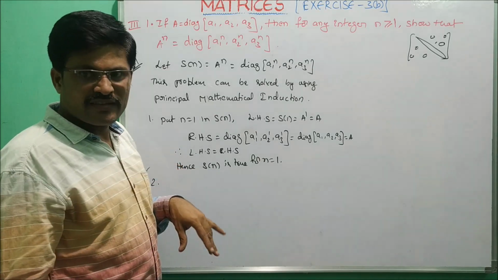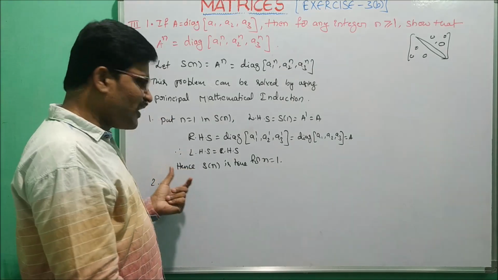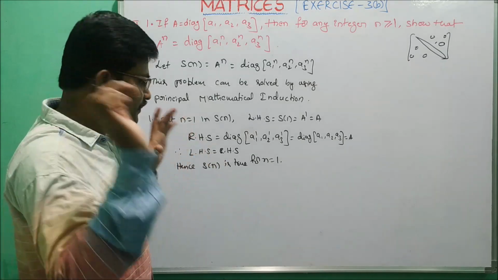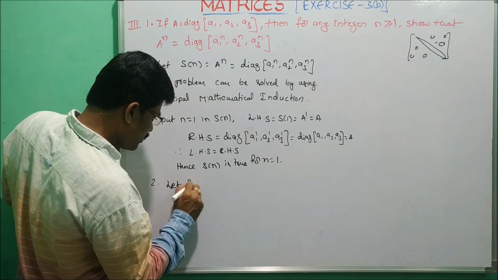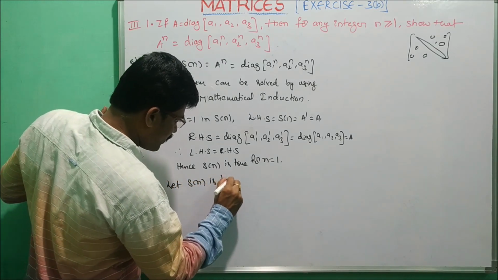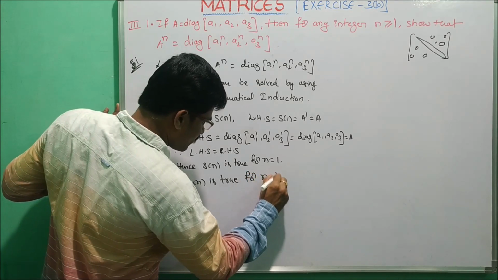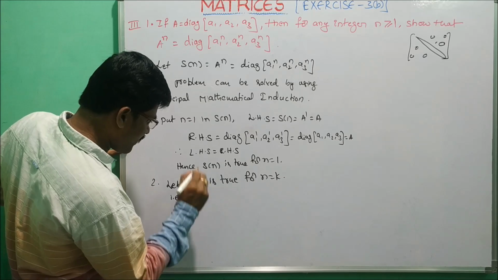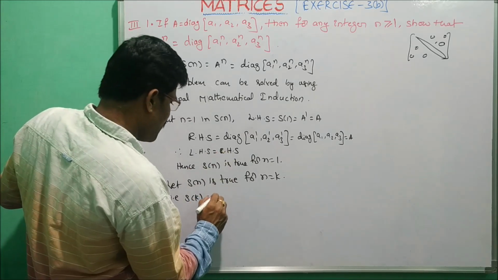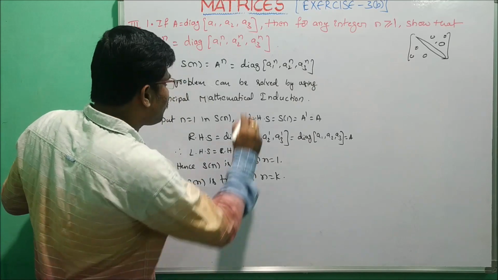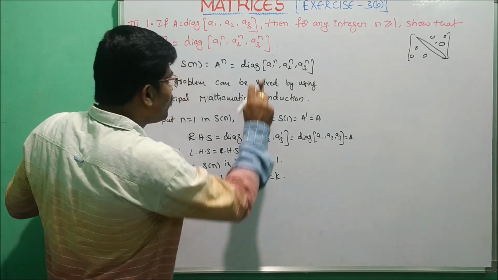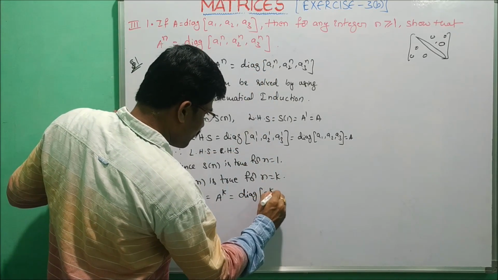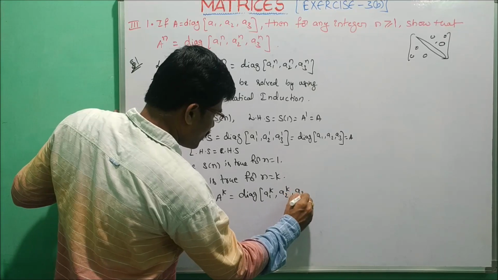Similarly, the second point: let us consider the given statement is true for n equal to k. So let S of n be true for n equals k. That is S of k equals A power k. A power k means substitute n equal to k in the diagonal matrix: diagonal of a1 power k, a2 power k, a3 power k.